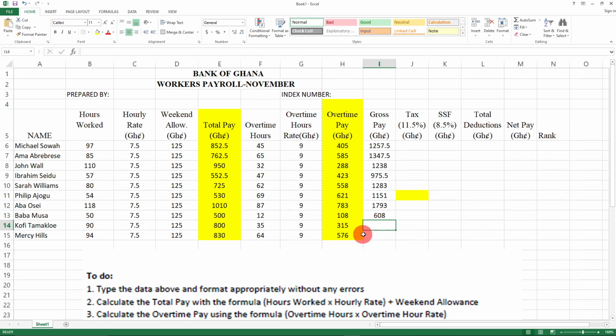So instead of E14, you can type 800 plus 315 and you will get the answer. All right.